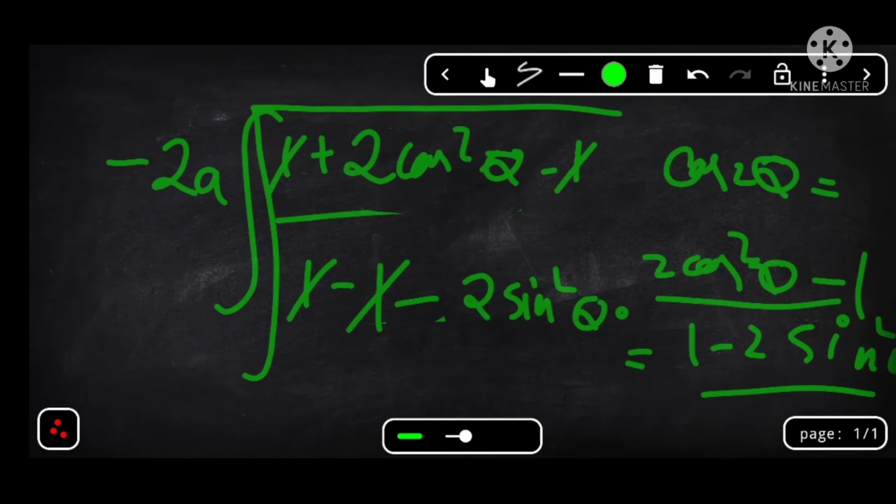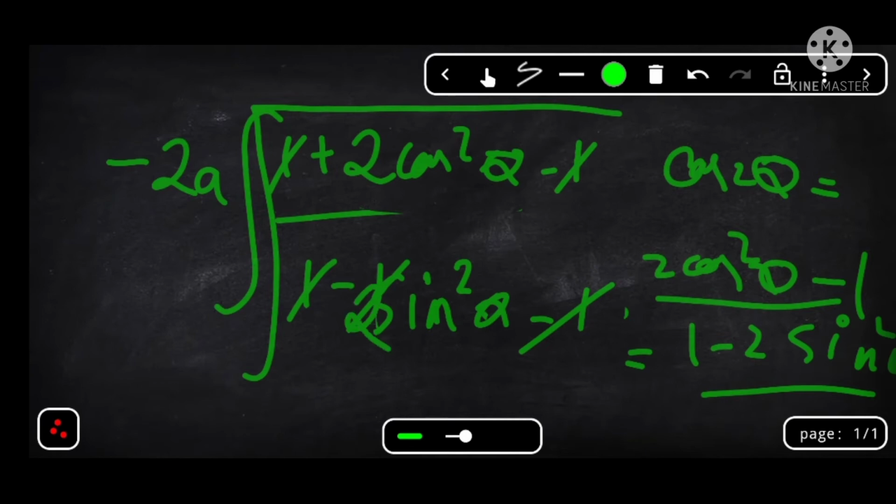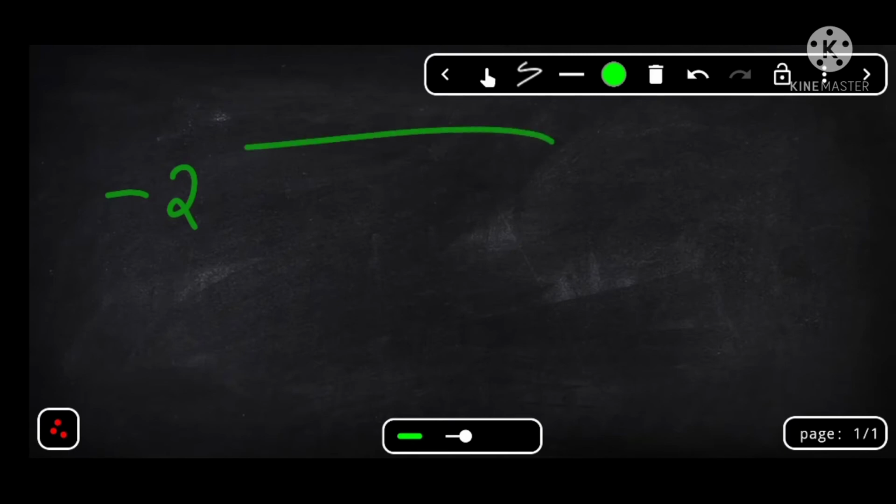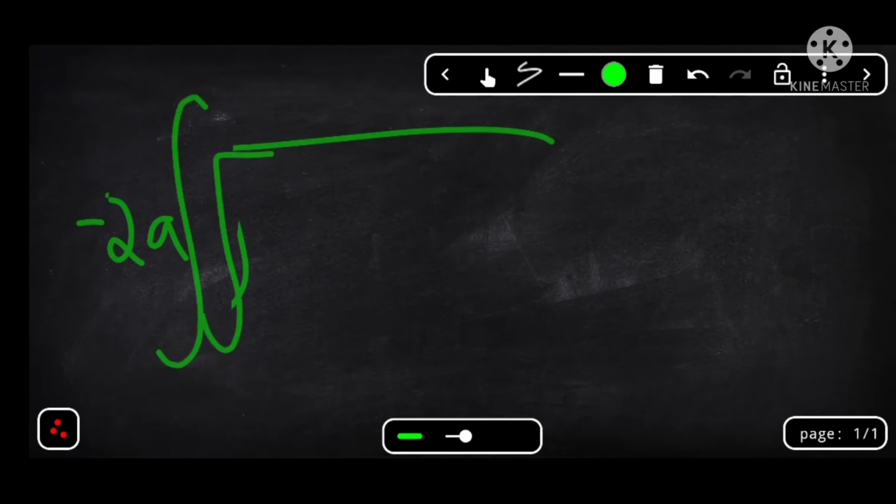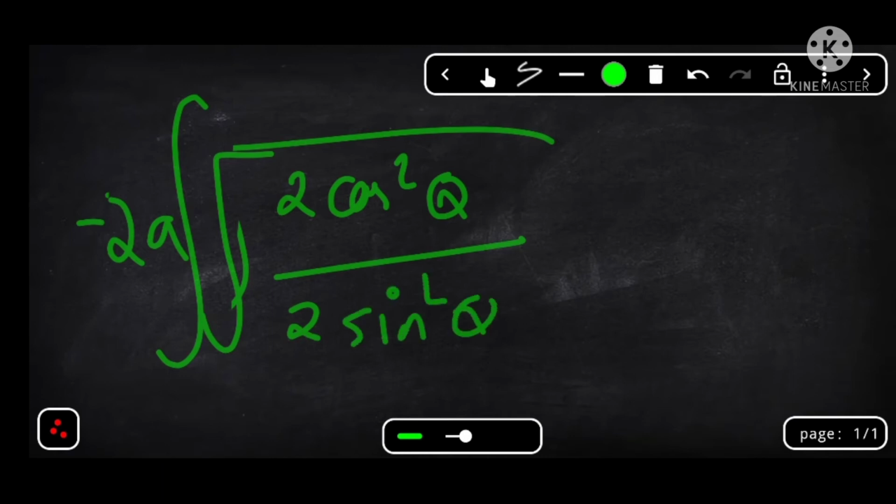So the remaining is going to be minus 2a integral root of 2 cos square theta divided by 2 sin square theta, and what is left, we had sin 2 theta d theta, right? Yes.